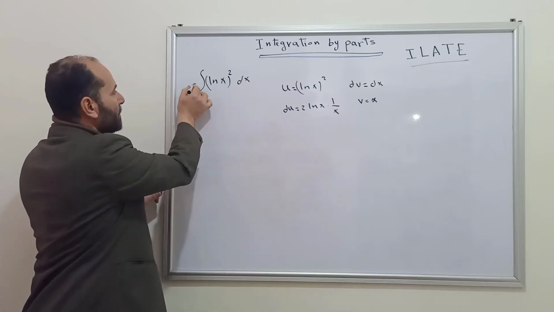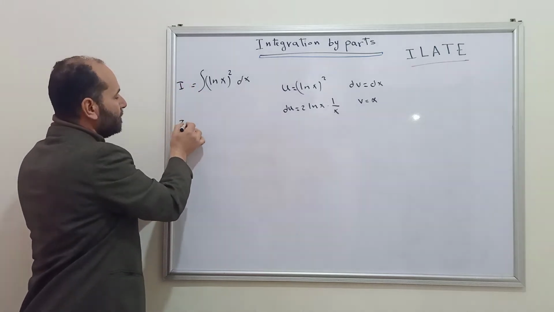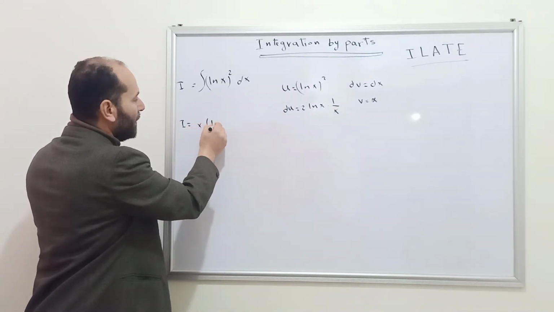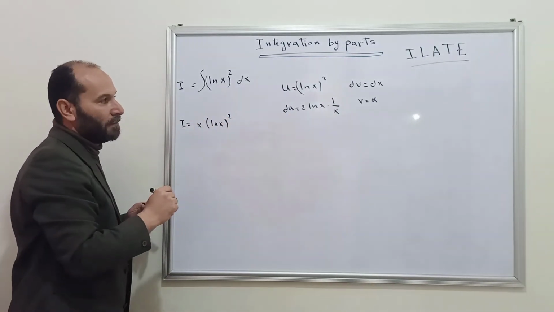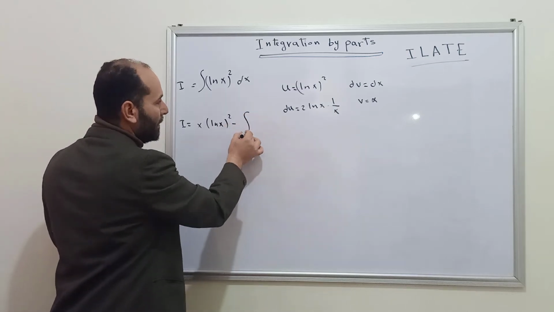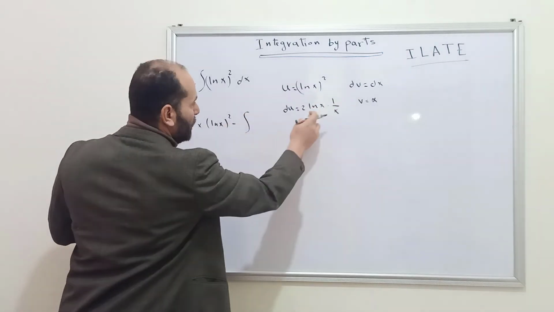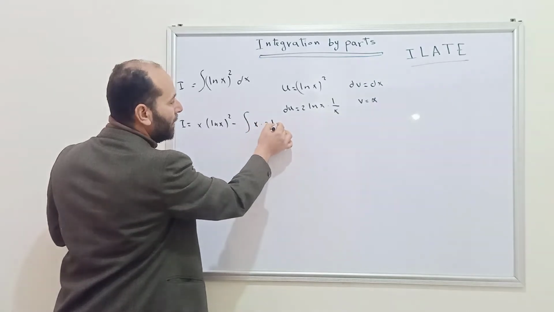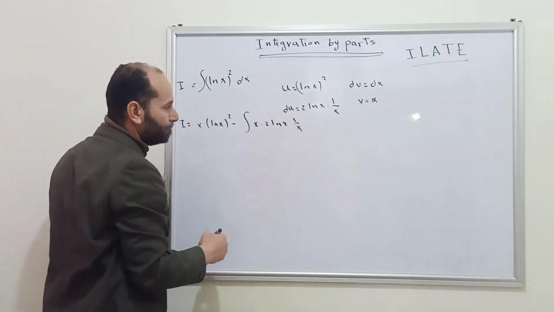So the integration equals uv, x (ln x) whole squared, minus integration v du, x times 2 ln x times 1 over x.